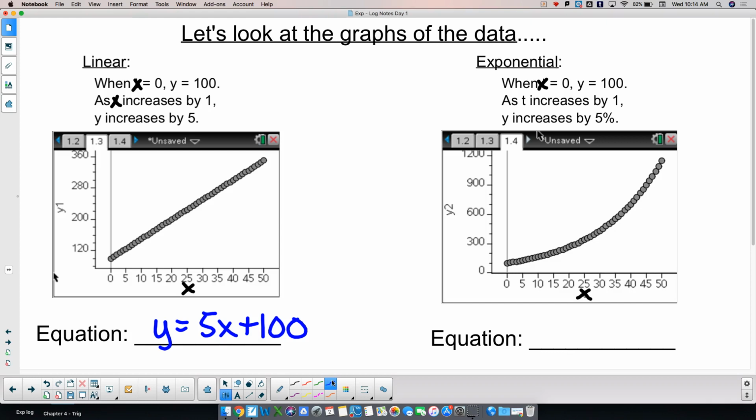An exponential equation, when X is 0, Y is 100, so we have the same starting point. As X increases by 1, Y increases by 5%. So there's 5% growth. At 1, the value of my function is 105. So they're equal there. But at 2, the value of my function is 110.25. That's a little bit more.